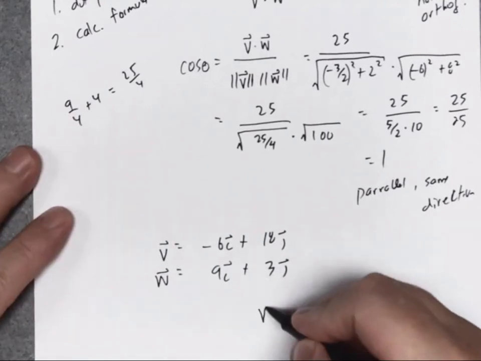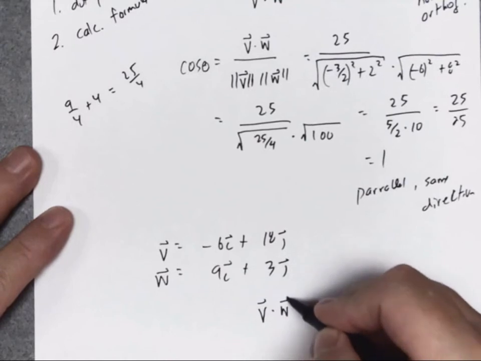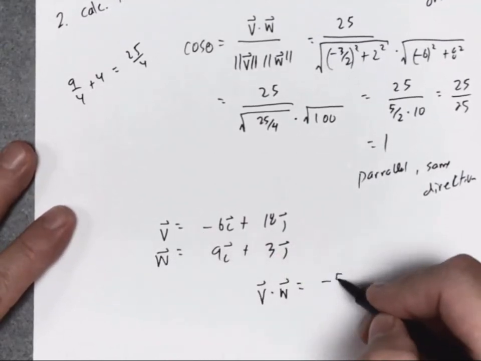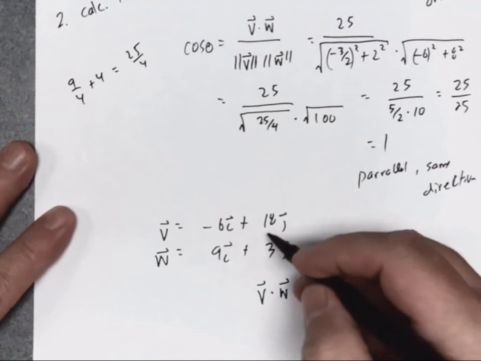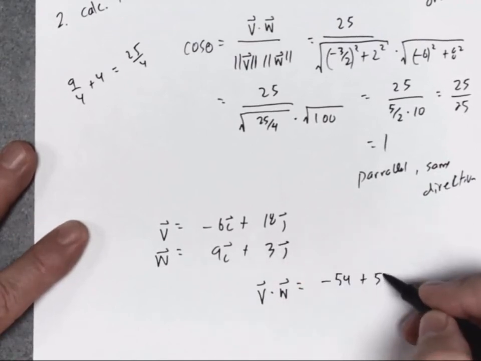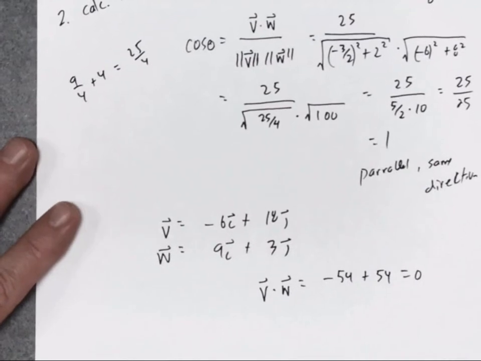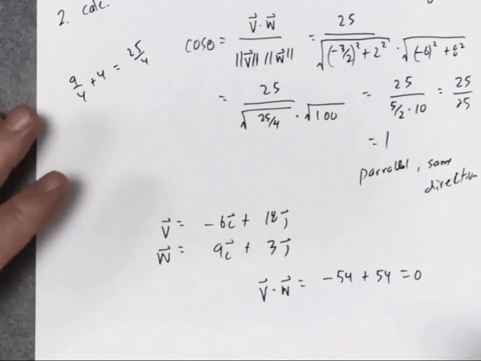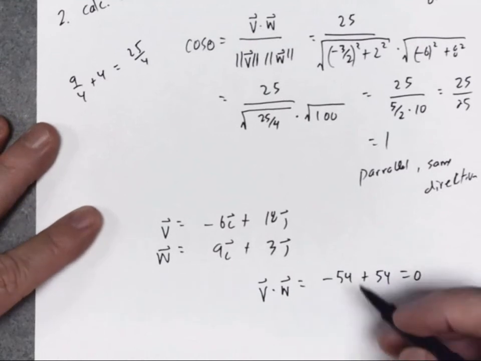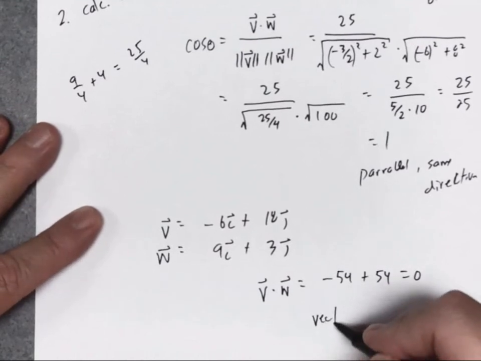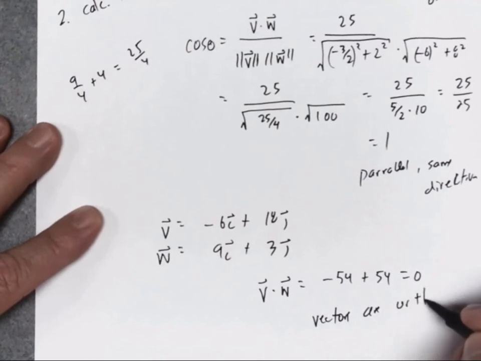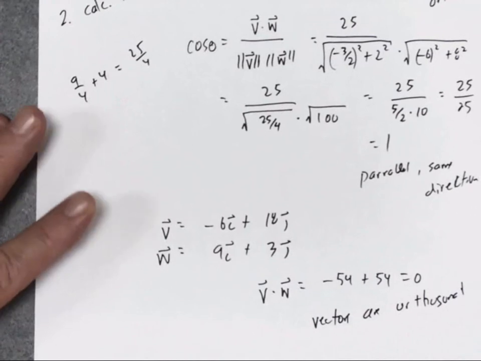First thing we do is check the dot product. -6 times 9 is -54, plus 18 times 3 is 54. Lo and behold, the dot product is 0, which means we'd say the vectors are orthogonal, or we could also say perpendicular.